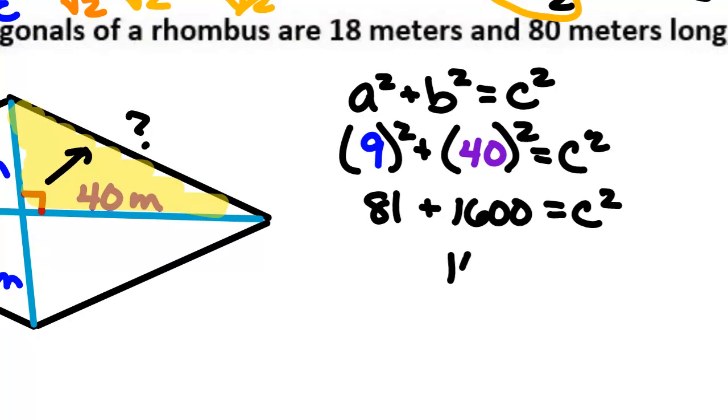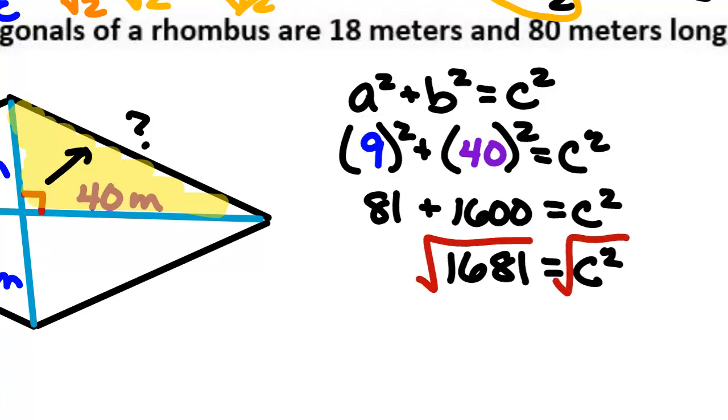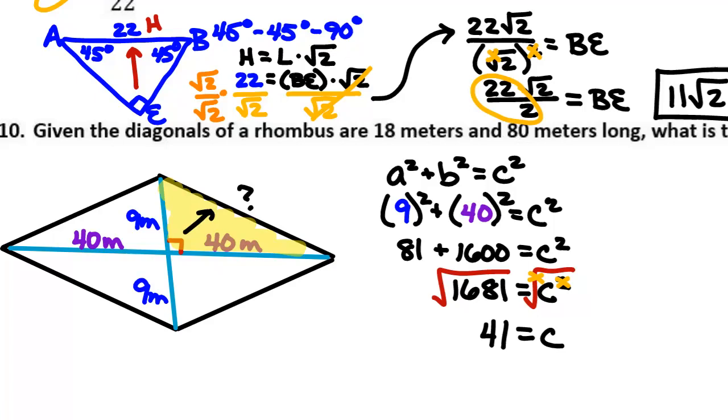Can somebody find the square root of 1681 for me? 41. So that means this unknown side is 41 meters.